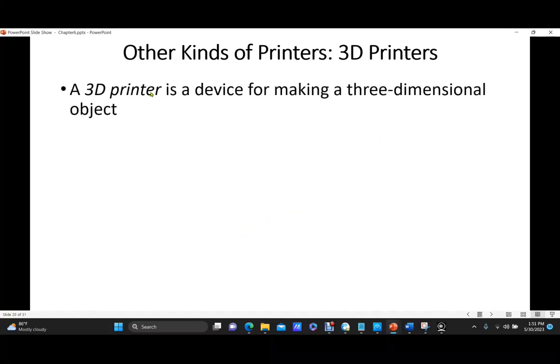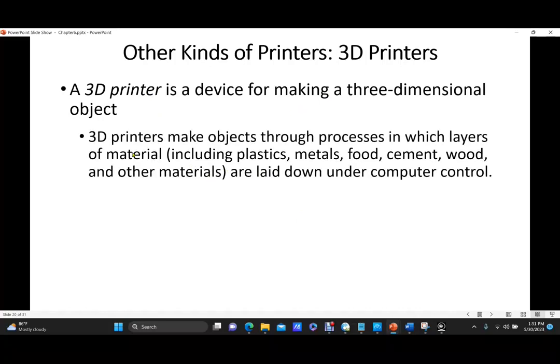A 3D printer is a device for making three-dimensional objects. 3D printers make objects through processes making layers of material, plastics, metals, cement, wood, other materials, laying down one layer on top of another, controlled by the computer.